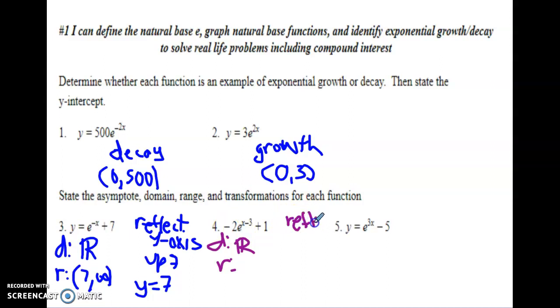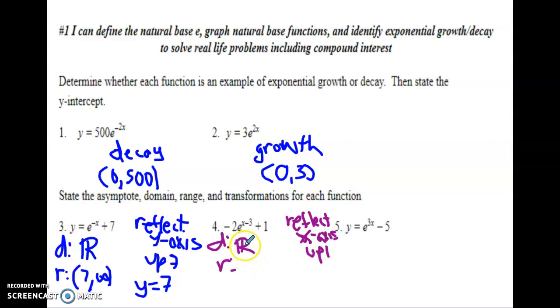So notice in number 3, it was reflected across the y-axis when the x was negative. But this one, because the negative is out in front, it's being reflected across the x-axis. And then also, it's being shifted up 1 unit.